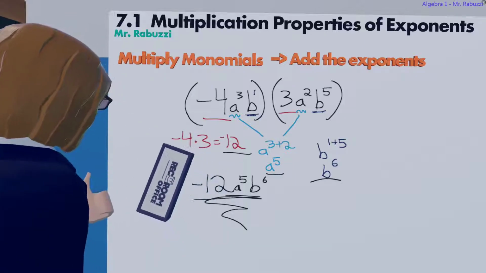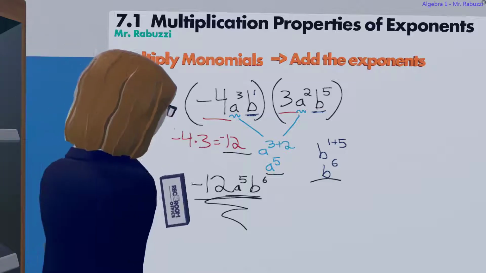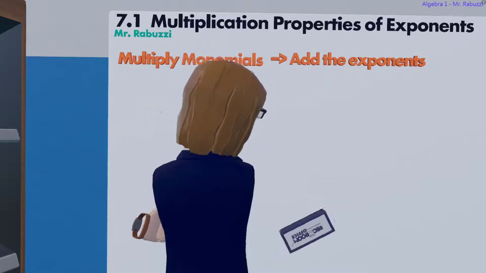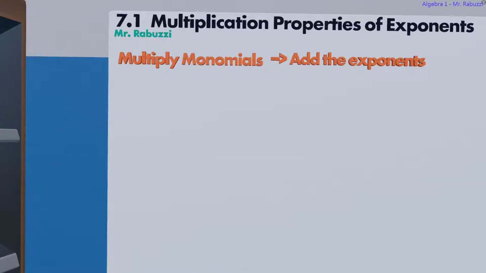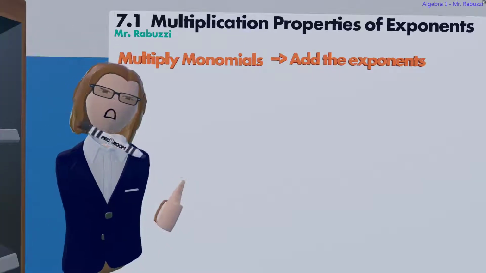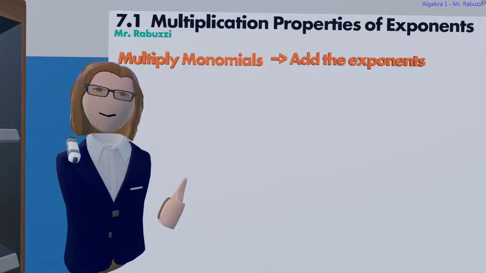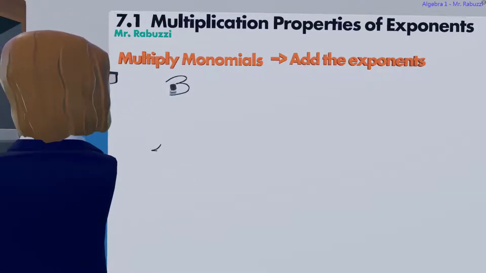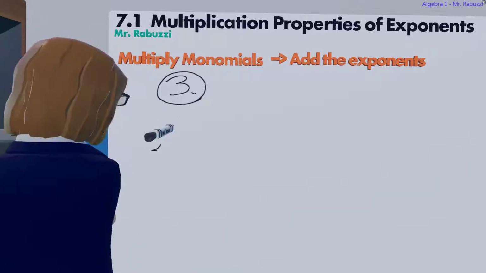Okay, let's do one example from the packet. And remember, if you can't keep up with the notes, you can always look at this later. There will be a video of the same thing. Okay, so in the packet, after the warm-up page, there's a page of practice problems. This is number 3 from that page.